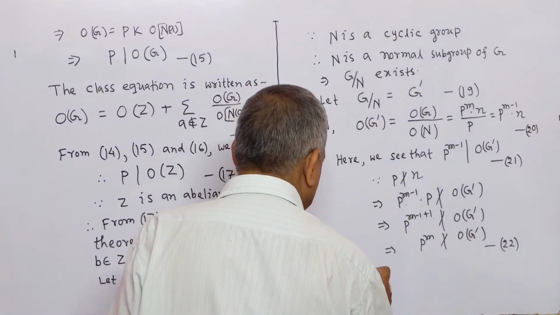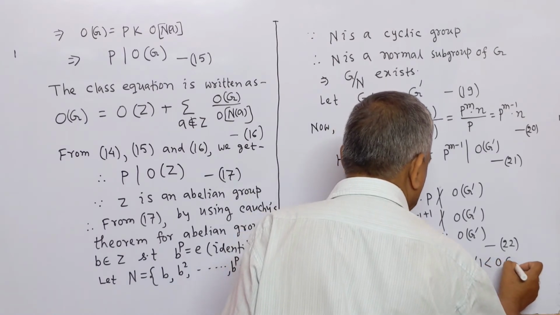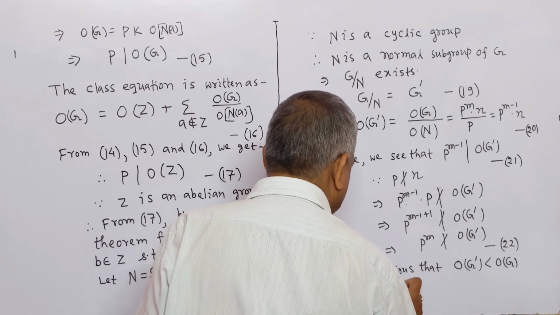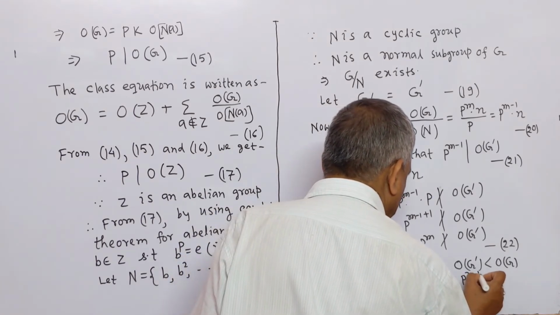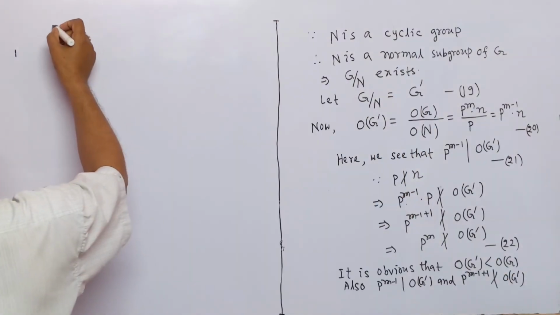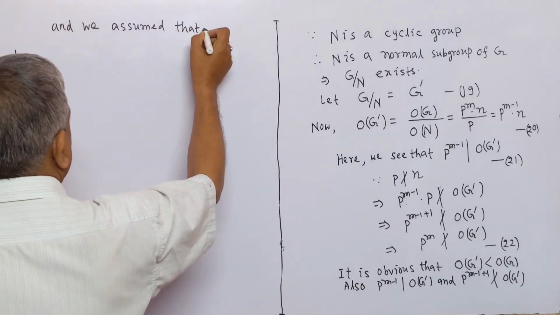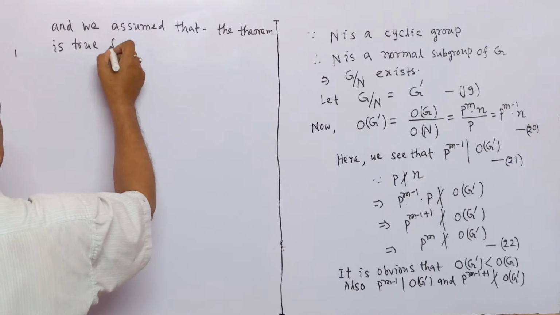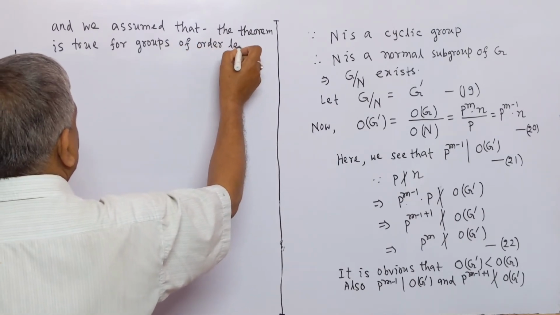It is obvious that order of G prime is less than order of G. Also, P to the power M minus 1 divides order of G prime and P to the power M minus 1 plus 1 does not divide order of G prime, and we have assumed that the theorem is true for groups of order less than G.